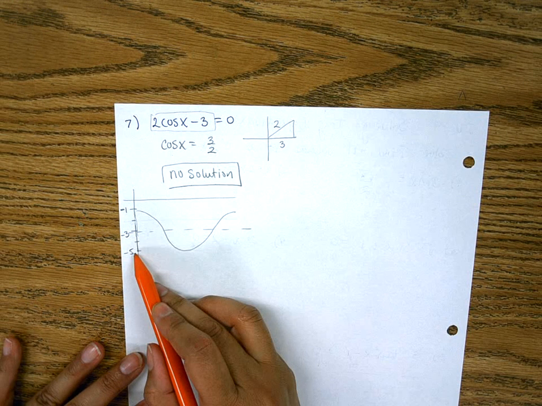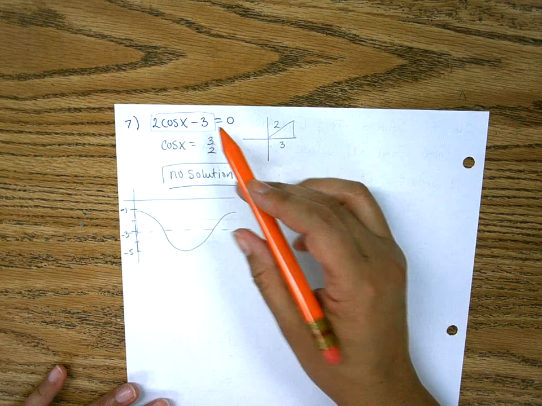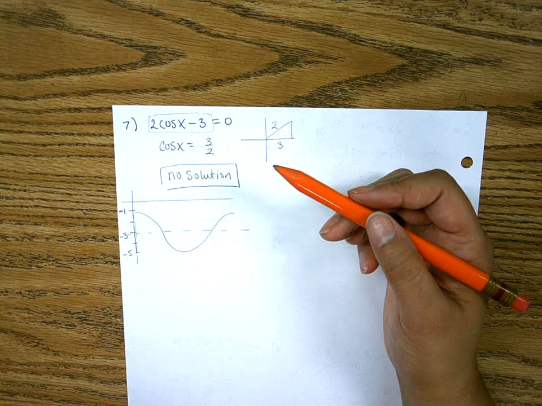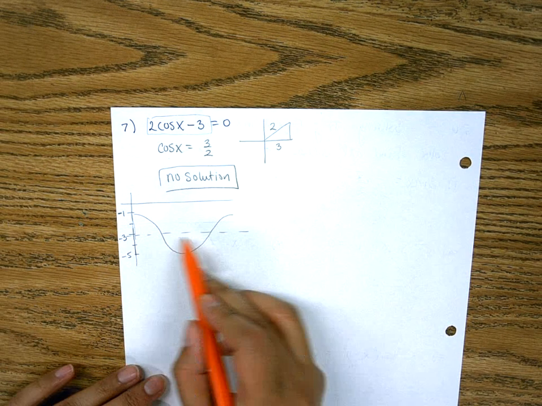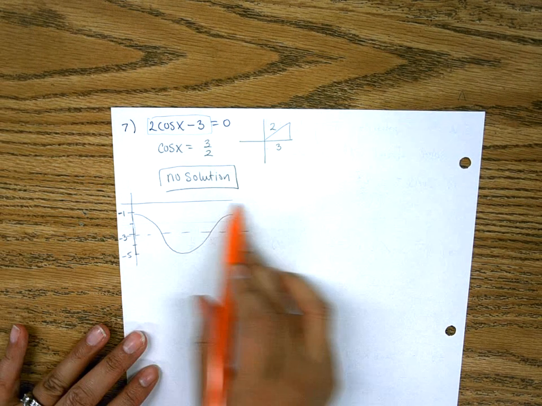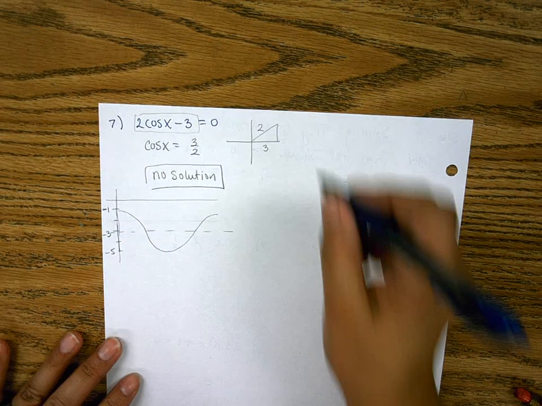No. It's going to oscillate forever and ever between negative 1 and negative 5. It's never going to hit 0. So on the test, I probably would have given you this graph and asked you what are the zeros, and you guys would have asked, do you mean the fake zeros or the real zeros? The real zeros. There are none. There's no solution.